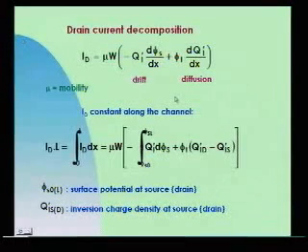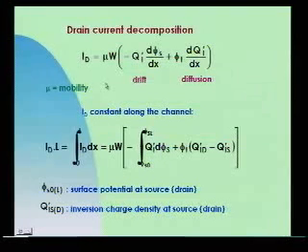Everyone knows that no matter which semiconductor we are dealing with, the drain current can always be decomposed. Decomposed? I always look at me to ask for my English doubt. But it can be decomposed into a drift and a diffusion current.